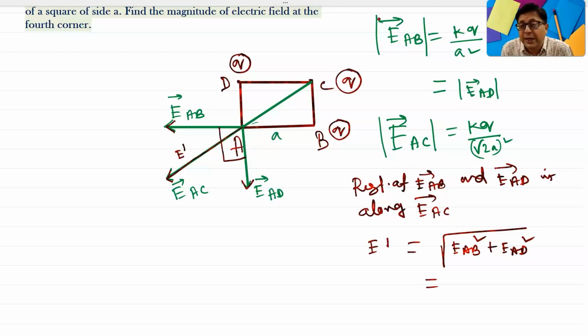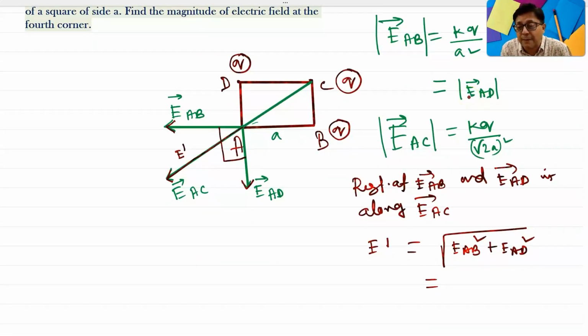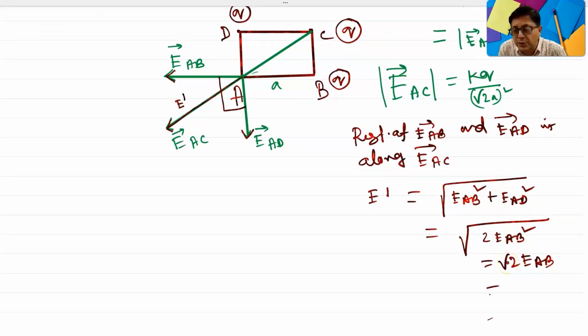EAB and EAD have the same magnitude, KQ by A square. So this is twice EAB square, which is root 2 multiplied by EAB. EAB is KQ by A square. So it is root 2 into KQ by A square.